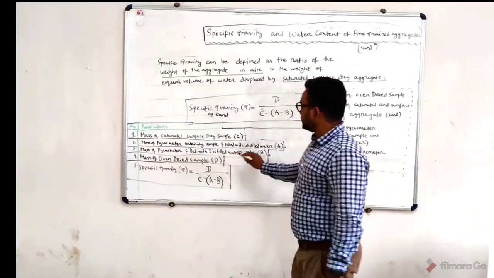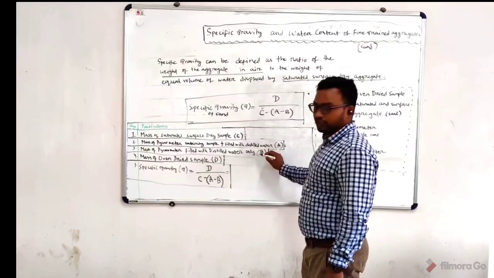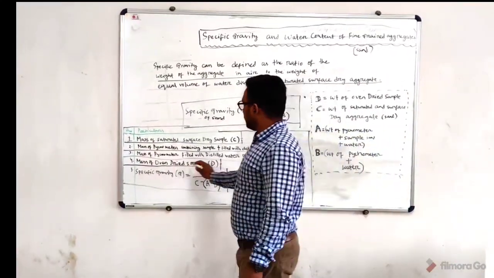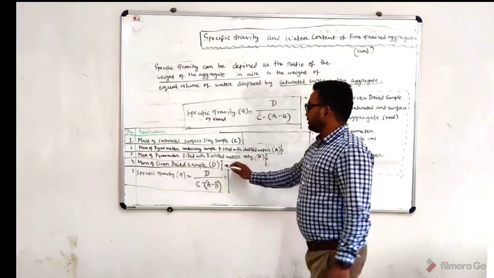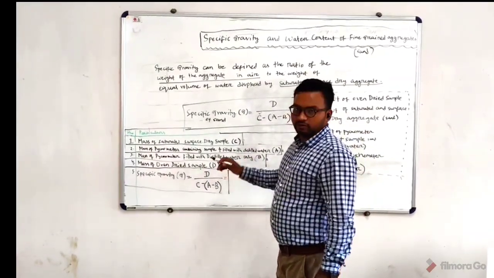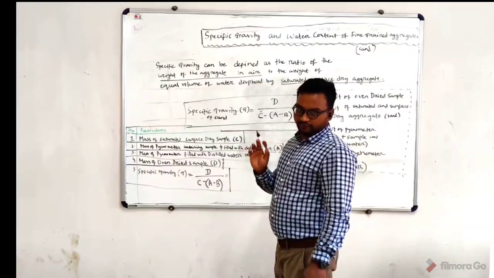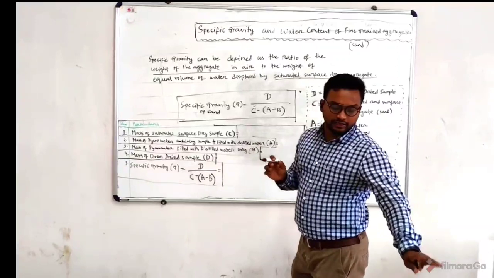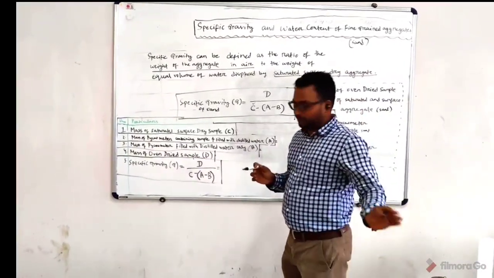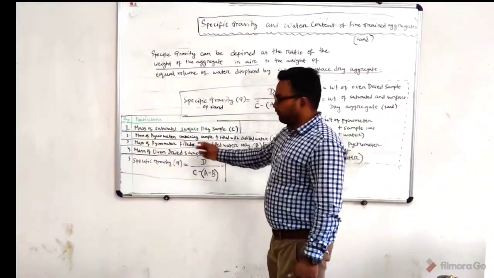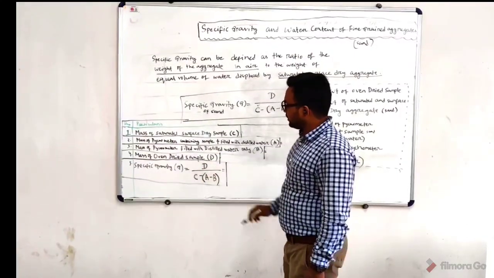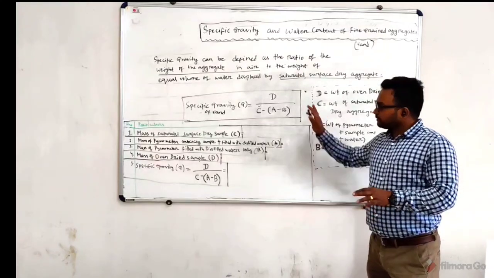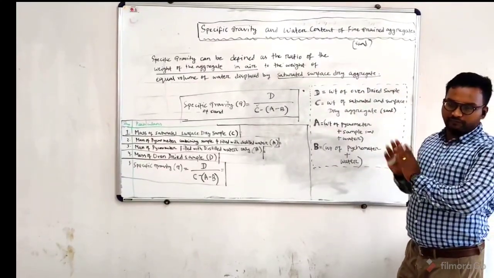Mass of pycnometer filled with distilled water only, no sample, only distilled water, that is B. Mass of oven dried sample D can be determined after 24 hours after completing the primary experiment. Then the formula will be like this: G is equal to D by C minus A minus B. So this is just the brief theory.